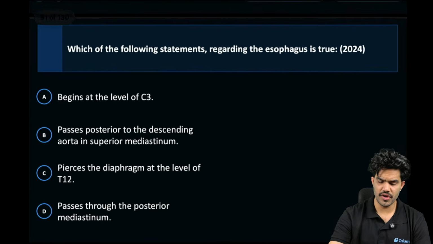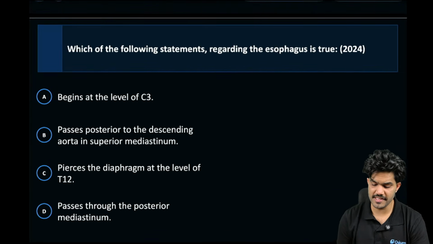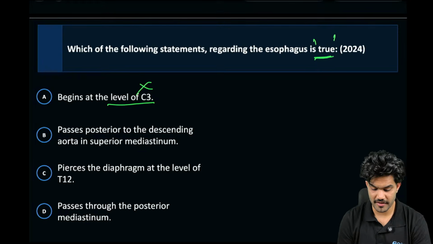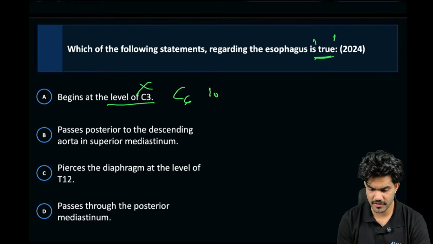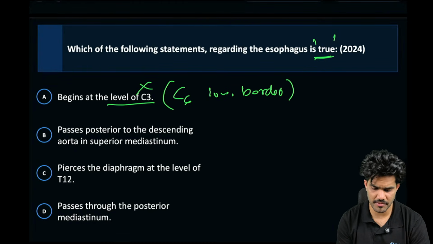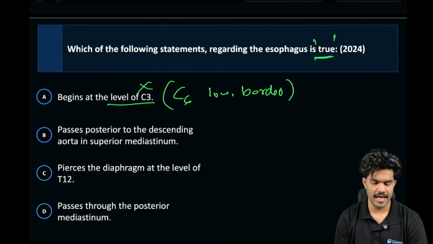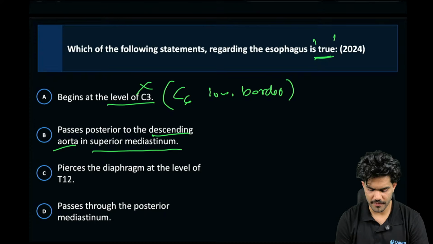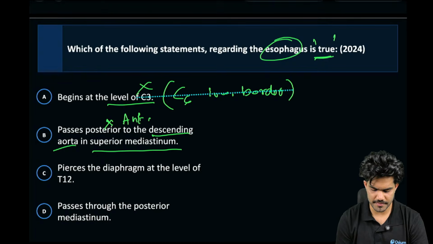Next question, which of the following statements regarding the esophagus is true? They are asking true, okay. Begins at the level of teeth, C3? No, at the level of C6 lower border. Same question as I discussed before. Passes posterior to descending aorta in superior mediastinum? No, talking about esophagus, it passes anterior.